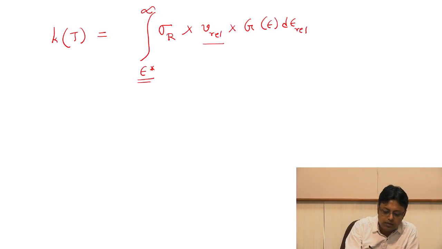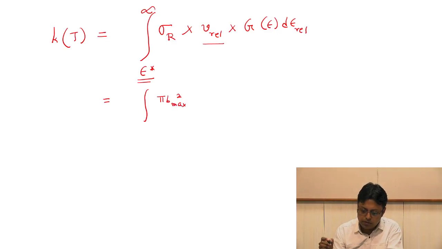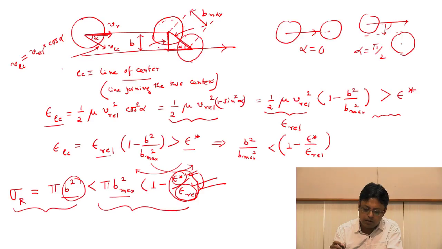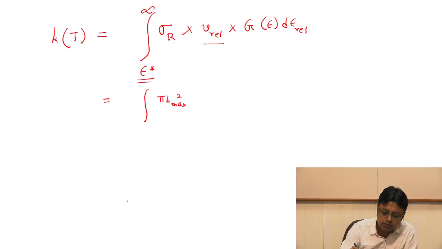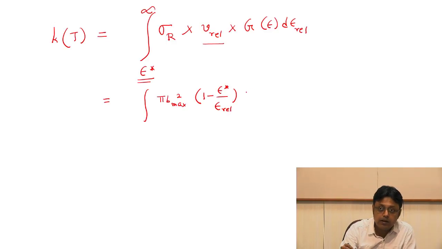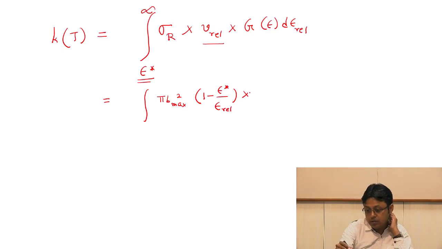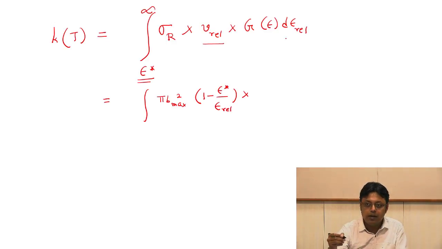So we know that this sigma r is nothing but pi b max squared, as you can see here, into 1 minus epsilon star by epsilon relative, and then it is multiplied by v relative, but I cannot write v relative because I'm integrating in the energy frame.